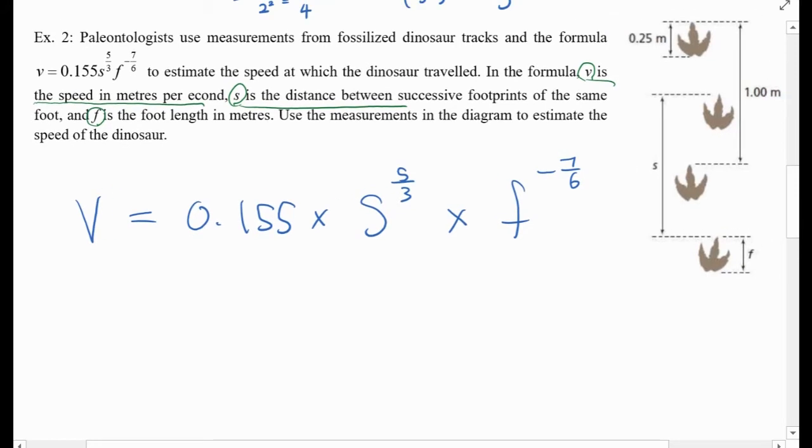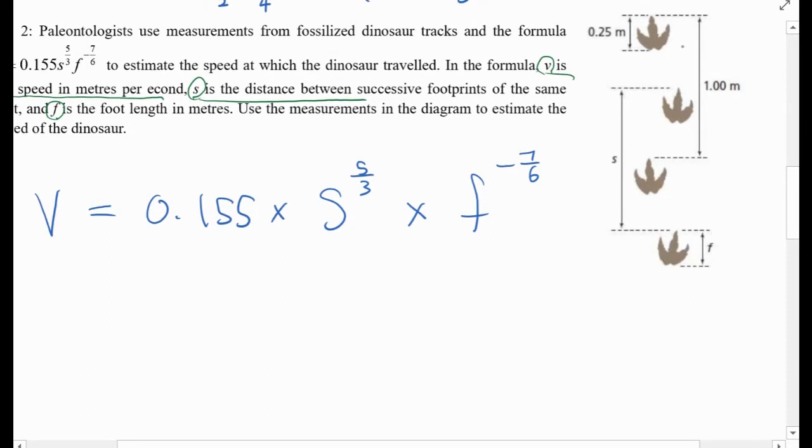Okay. Now here, so we can estimate the speed using the footprint. So S, distance between the same foot. So here, the distance is 1 meter. So S is 1 meter.